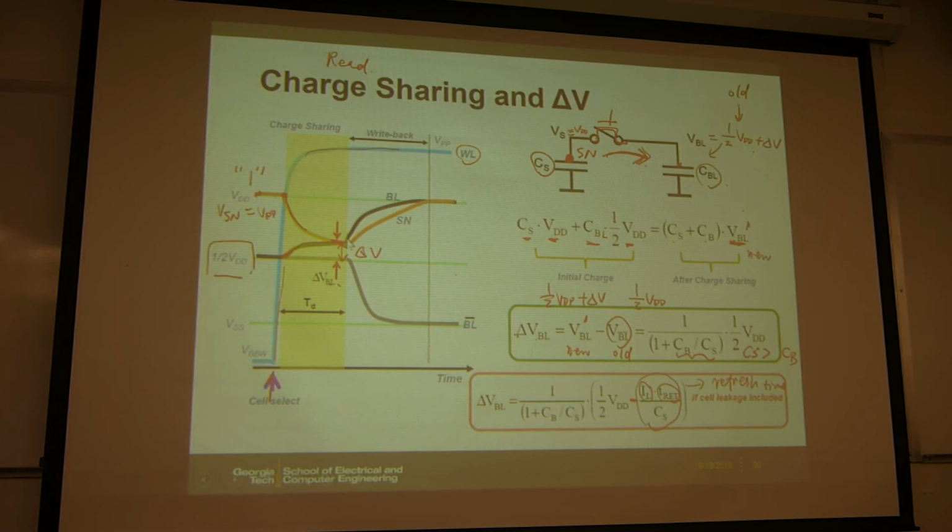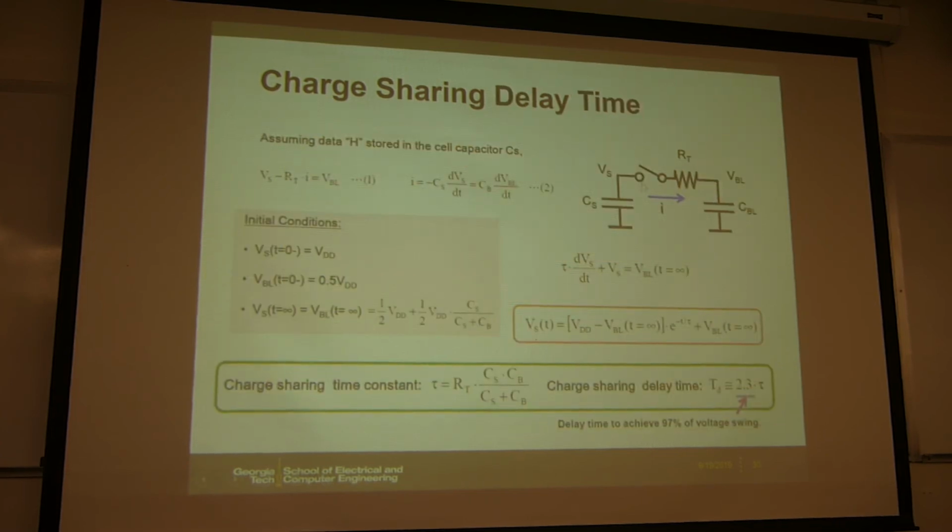But before we talk about that, we can look at the delay time here. So this charge sharing takes some time. And here we can use a simple RC circuit to estimate the time. For example, we have the transistor's channel resistance, RT.